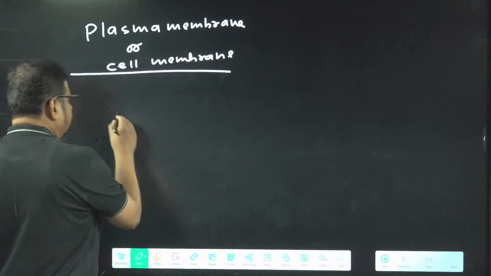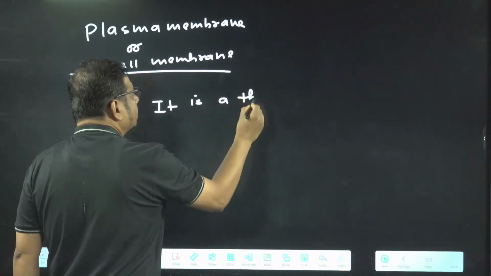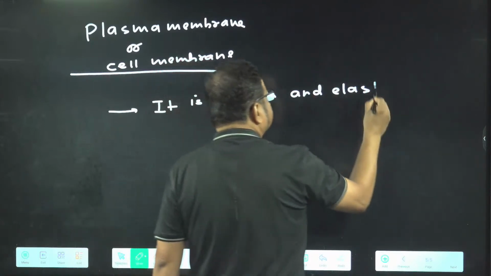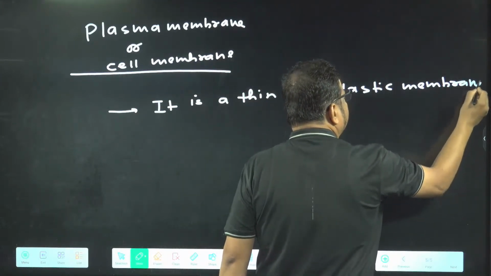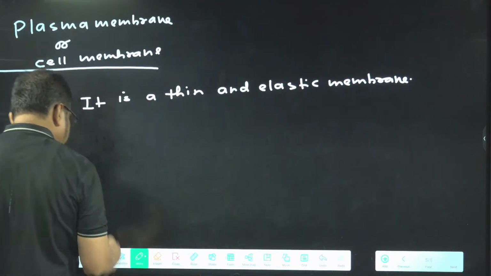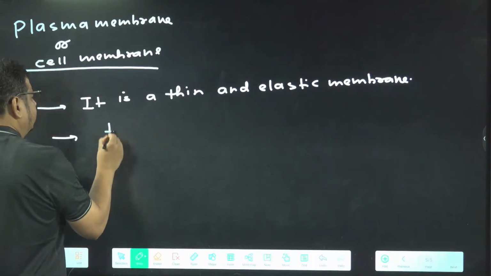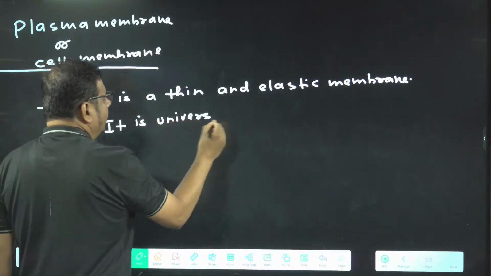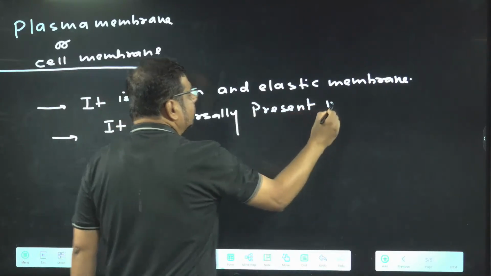So plasma membrane, it is a thin and elastic membrane. It is universally present in every cell.